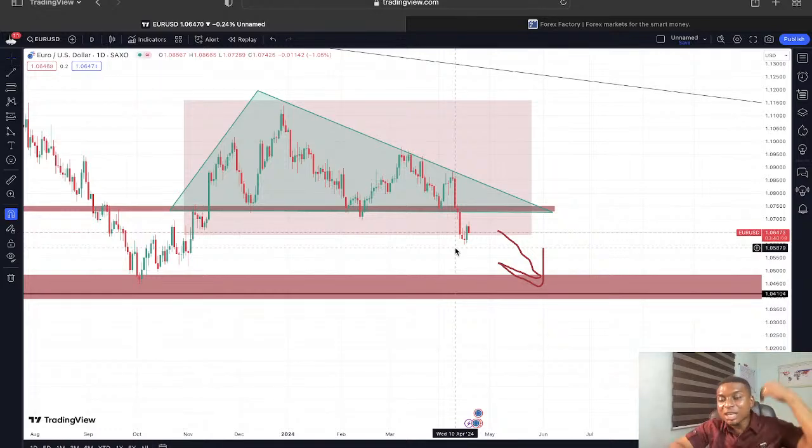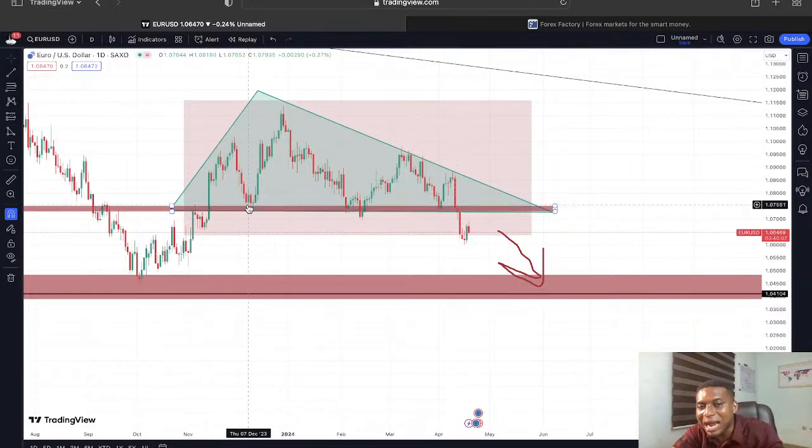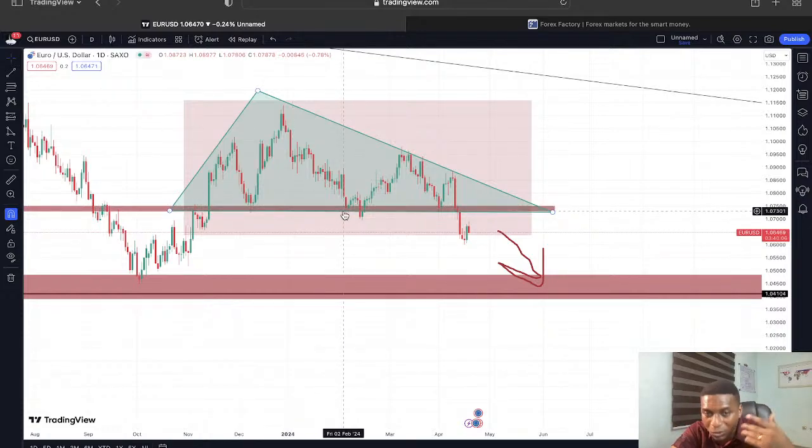So when you see consistent footprints of price at a particular level, there is a higher probability that price is breaking through that level.